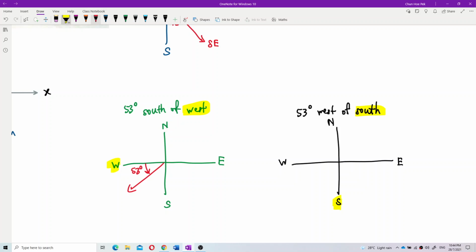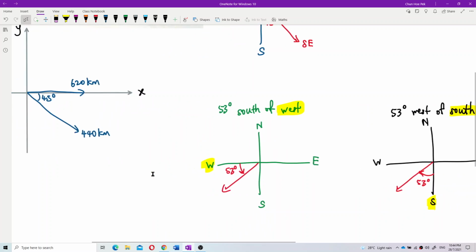So this is our direction. Over here also, but the angle is 53 degrees west of south. Okay, 53 degrees west of the south. And this is 53 degrees south of the west.